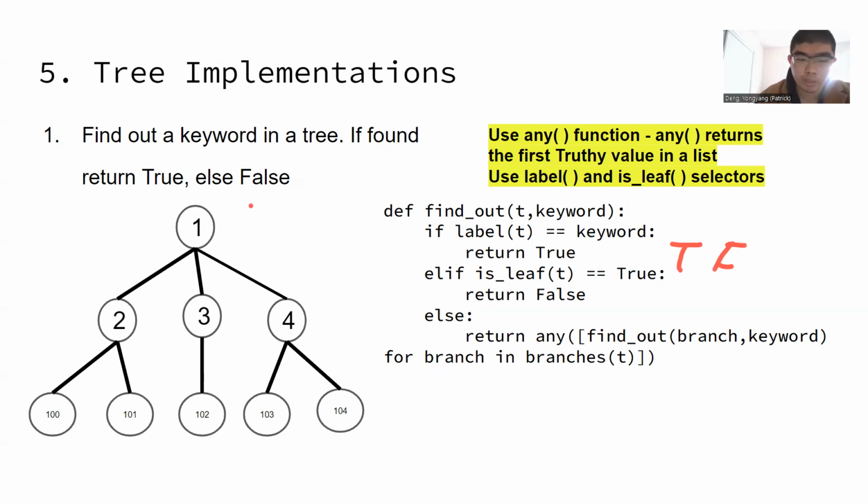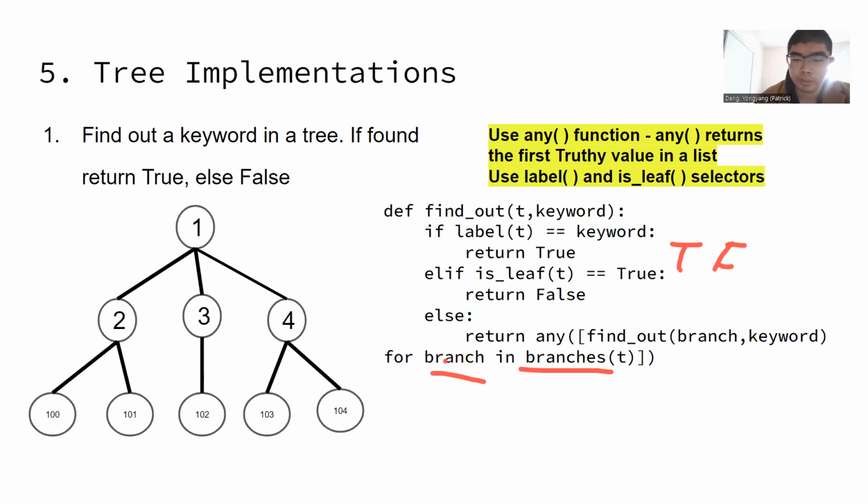So for example, after traveling the root, I have 2, 3, 4, and there are branches. I will travel through all these branches one by one, and collect this true or false. So for a branch in the branches, you can treat a branch as a new tree, but it's just a part of this big tree.